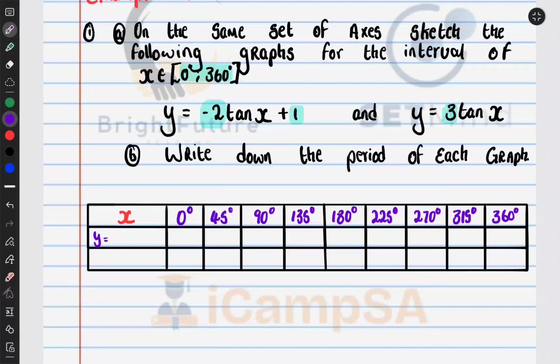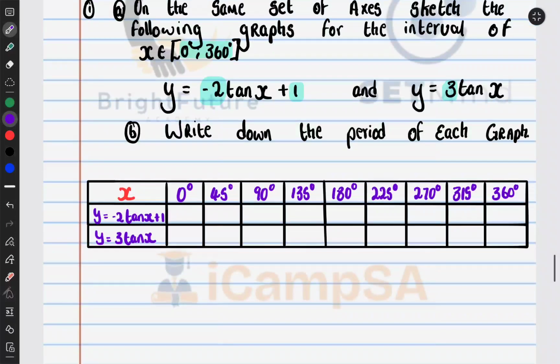Let's find the corresponding values. First we have y is equal to negative 2 tan x plus 1, and then y is equal to 3 tan x. Let's find the corresponding y values. Negative 2 tan 0 plus 1, we get 1, and then negative 2 tan 45, we get negative 1.